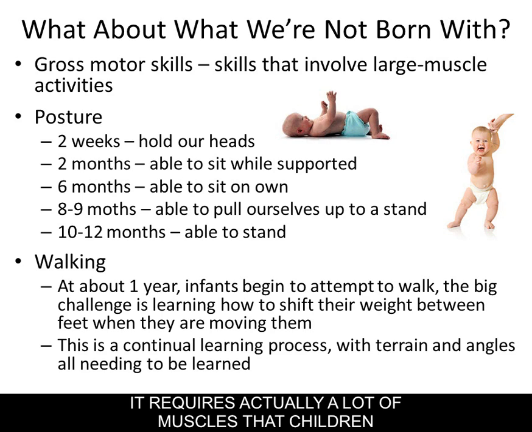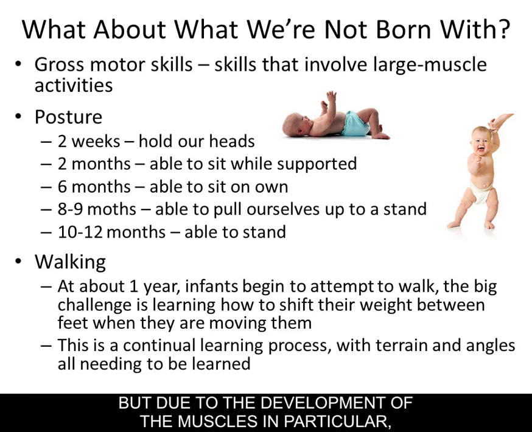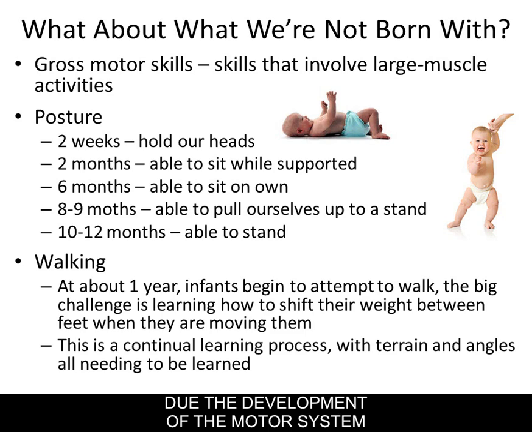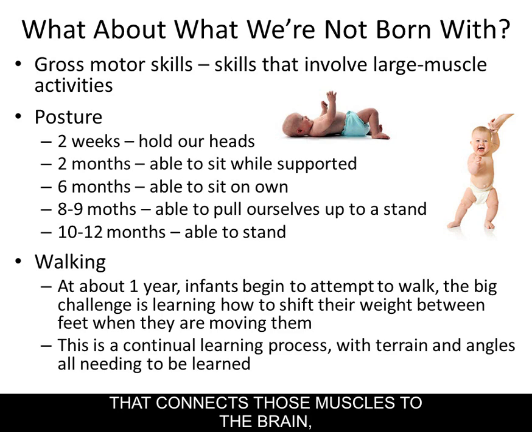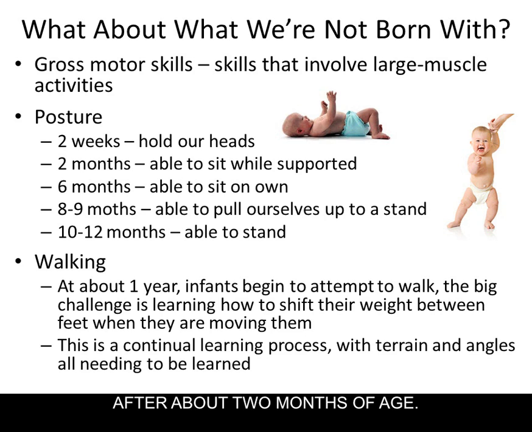That requires actually a lot of muscles that children aren't born with originally, but due to the development of the muscles, and in particular due to the development of the motor system that connects those muscles to the brain, children can balance themselves and actually have the strength to support themselves after about 2 months of age.